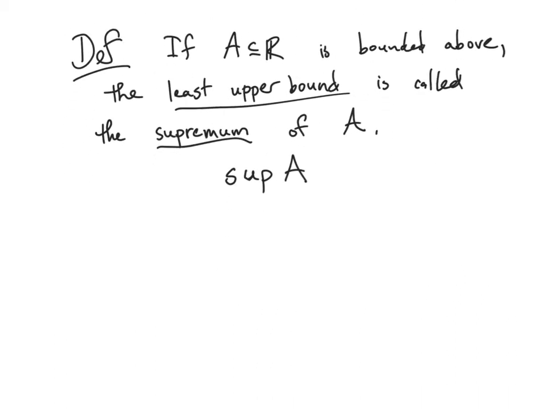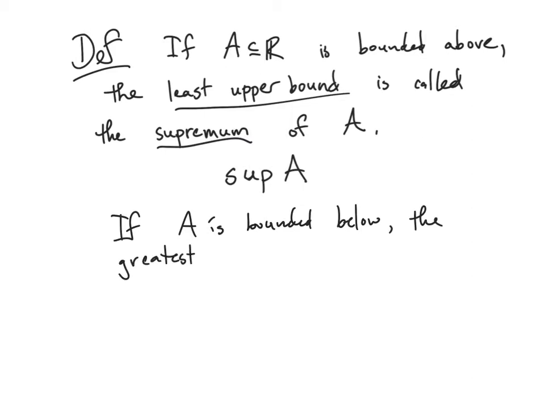And then we can do the same thing with the lower bounds. Although there is no smallest of the lower bounds, there is a biggest of the lower bounds, because they live on the other side of the set. So if A is bounded below, the greatest lower bound is called, anyone want to guess what this one's called?